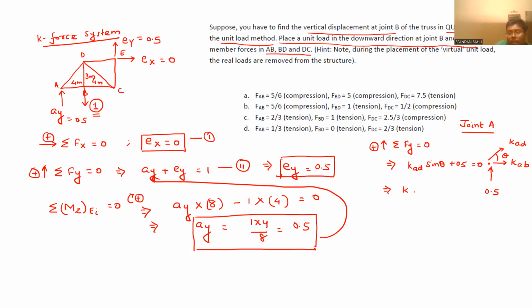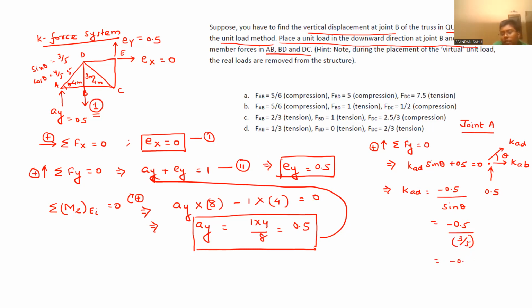This implies KAD will be equal to minus 0.5 by sin theta, and if this is theta, sin theta will be 3 by 5 and cos theta will be 4 by 5.